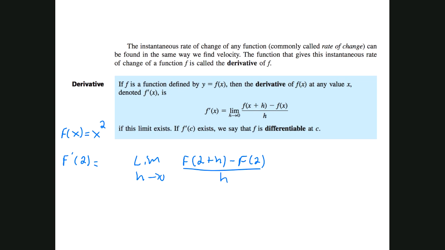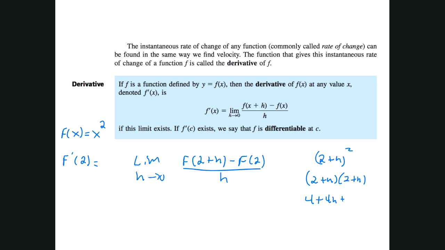I plug 2 plus h into my function, so that would be 2 plus h squared. Well, 2 plus h squared is 2 plus h times 2 plus h, which gives me 4 plus 4h plus h squared.